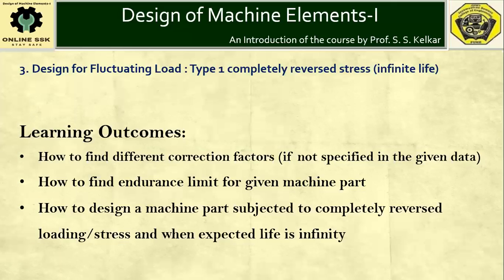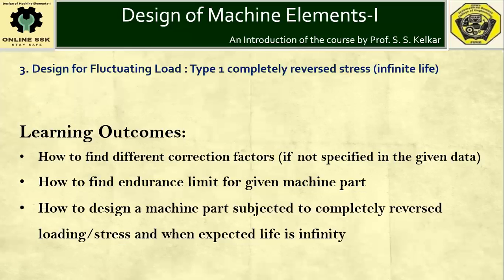By multiplying Se dash by different correction factors, we need to find out the endurance limit for a particular machine part. How to find it out, that also we have discussed in this video tutorial. Also, we have seen how to design a machine part which is subjected to completely reversed loading, and hence completely reversed stress is getting induced inside the machine part.